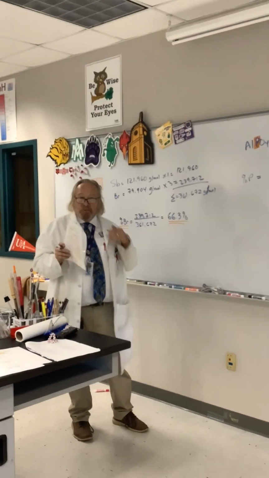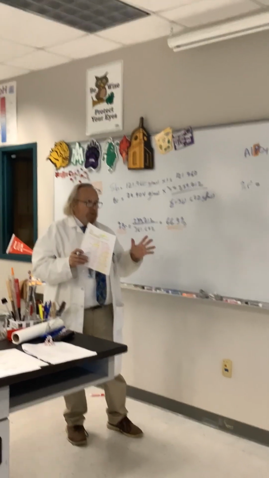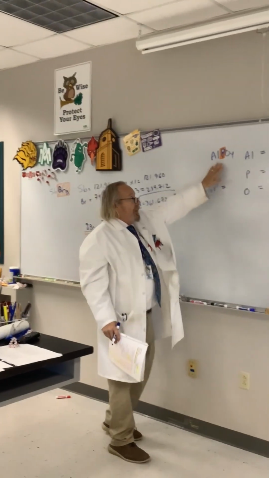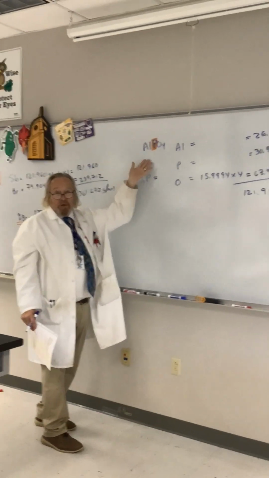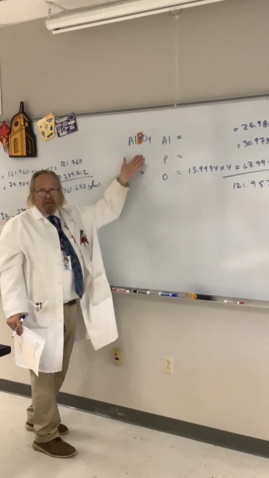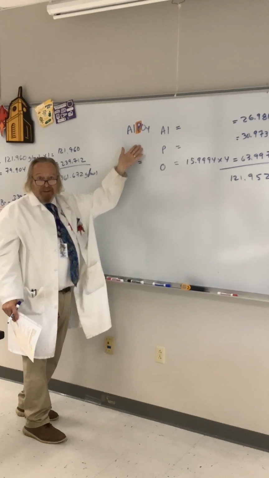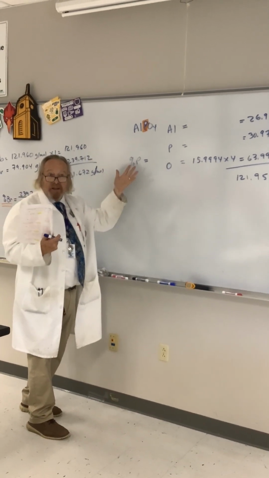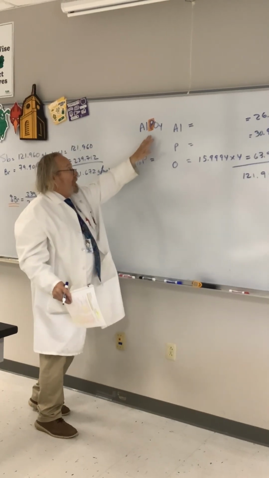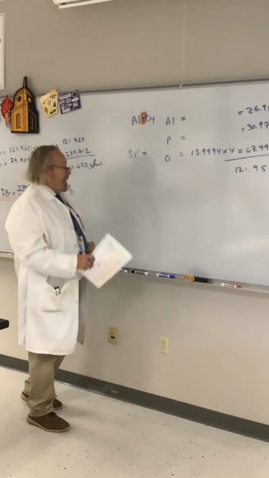Some of you may notice that sometimes I take these compounds and put them on the first page and ask what's the formula and the formula weight for aluminum phosphate. And I'll take some of the ones on the first page, like we did ammonium sulfate, and ask you what's the percent sulfate in that compound.